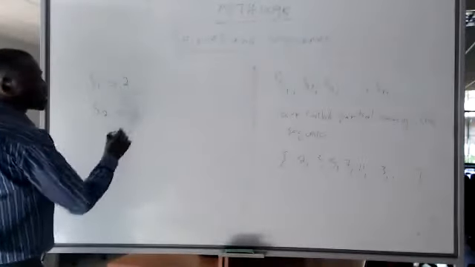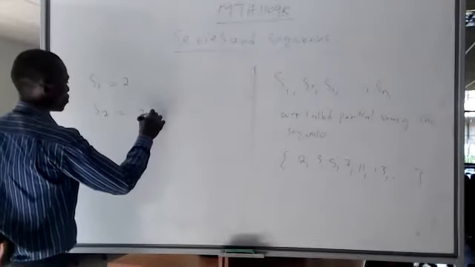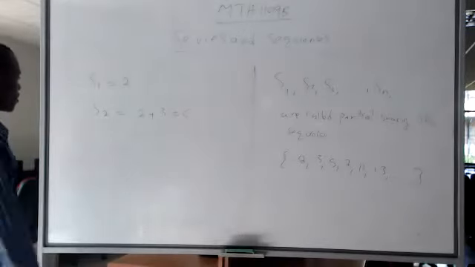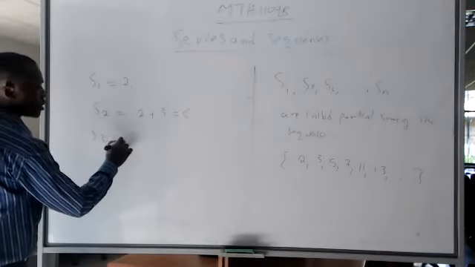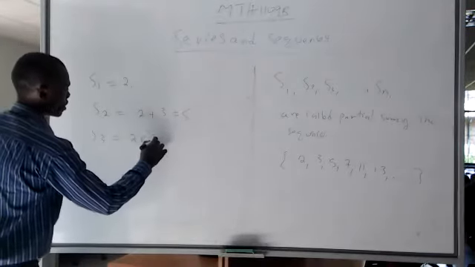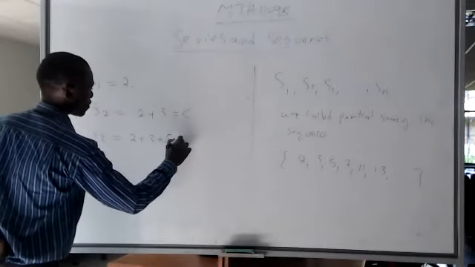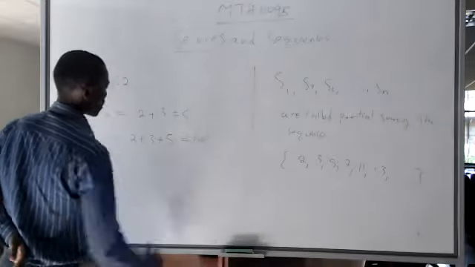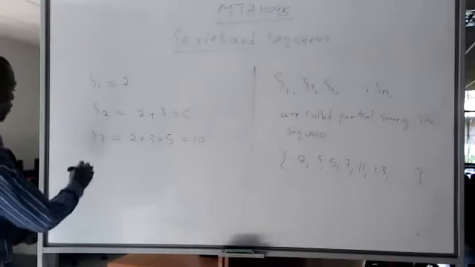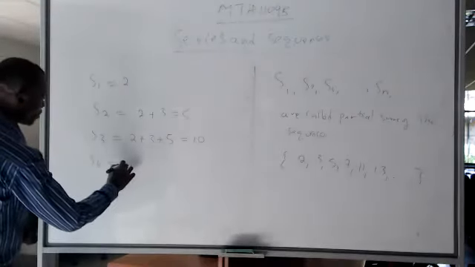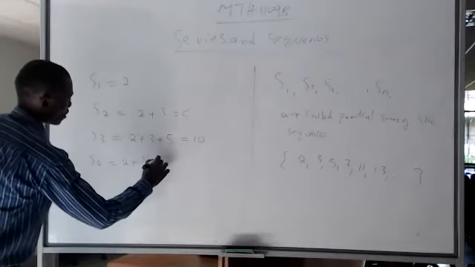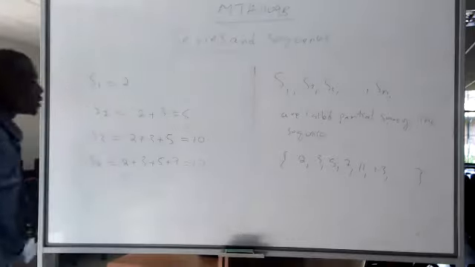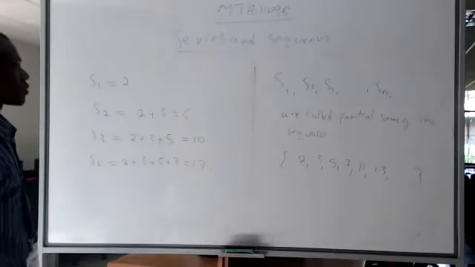S2 is the sum of the first two terms. So I'll take 2 plus 3, that gives me 5. S3 will be 2 plus 3 plus 5, that gives me 10. S4 will be 2 plus 3 plus 5 plus 7, which gives you 17, and so on and so forth.